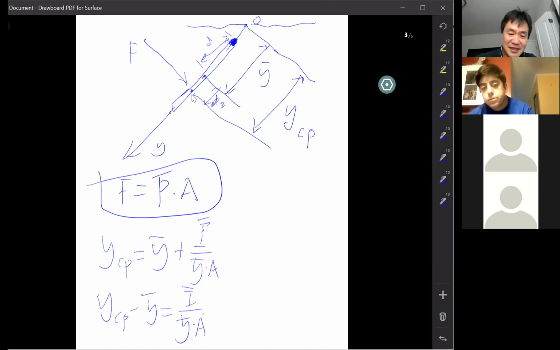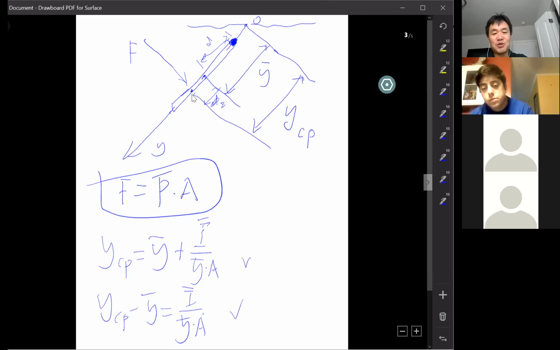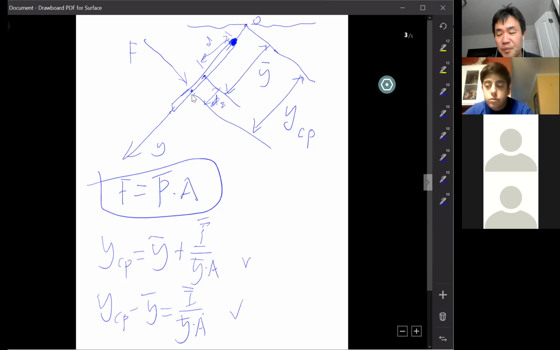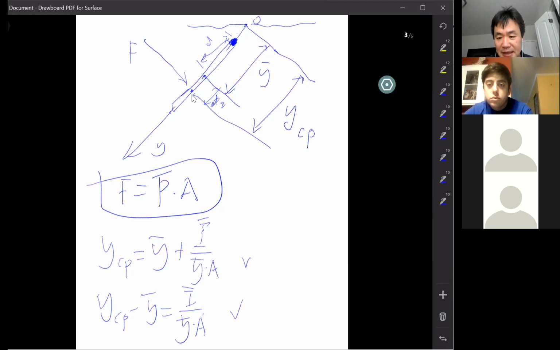That's why I need this equation. If you know YCP minus Y bar, then this is D2. Then you add half the length of the plate. That will be your arm length. So that's the moment. In the moment calculation, we need to know exactly where this F points in order to calculate the moment. That's why we need YCP here.